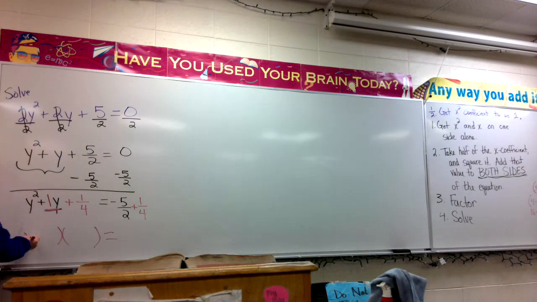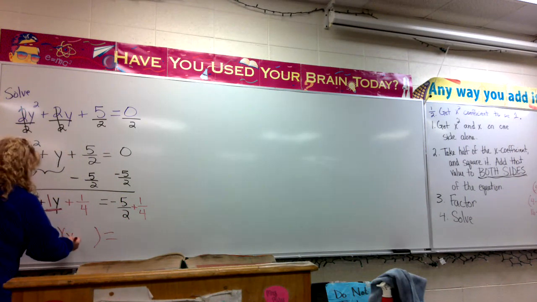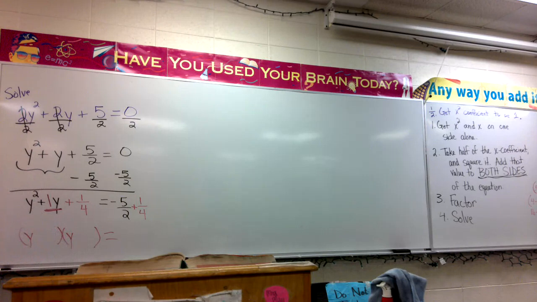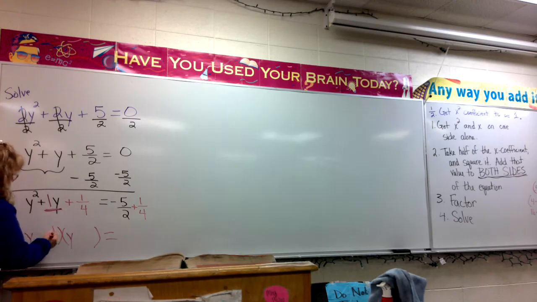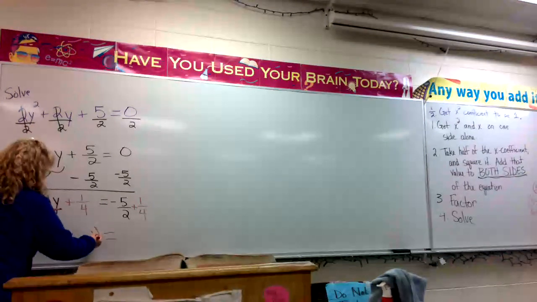Y and Y. Can I let you in on a little hint? Instead of trying to figure out what this factors into, it always factors into whatever it was when you took the half before you squared it. So it's going to factor into 1/2 and 1/2. 1/2 and 1/2.